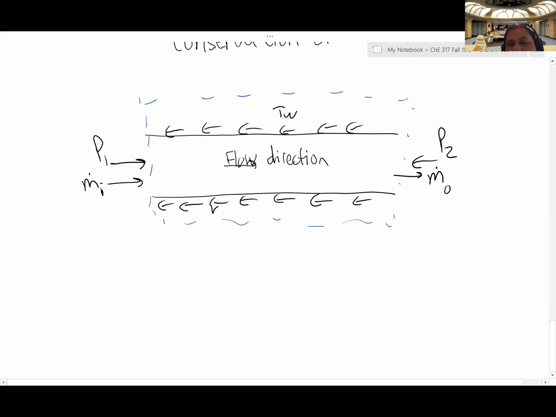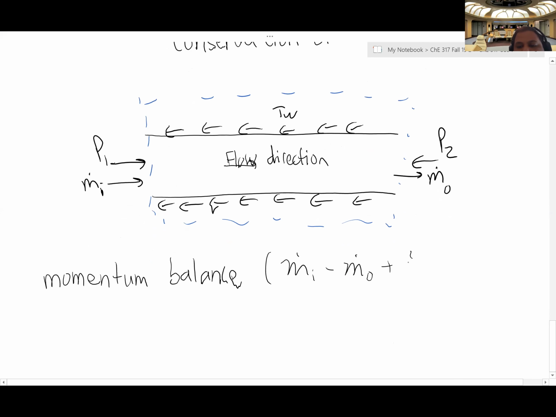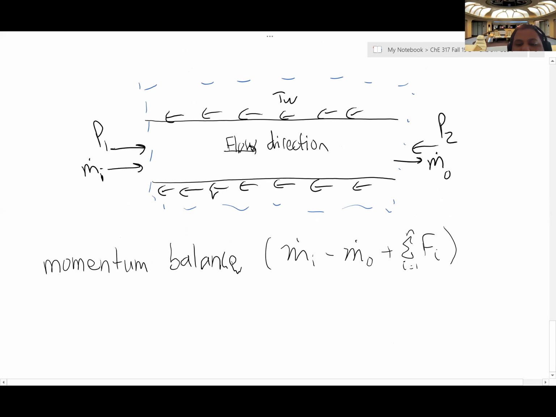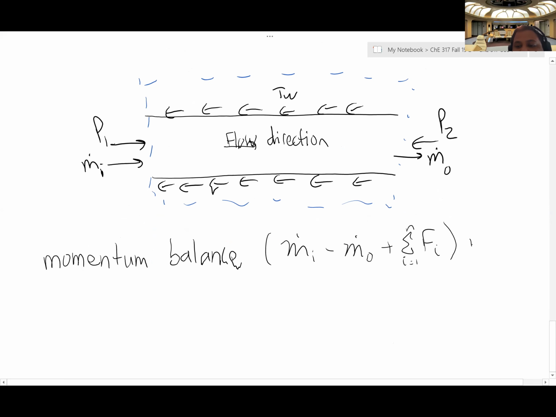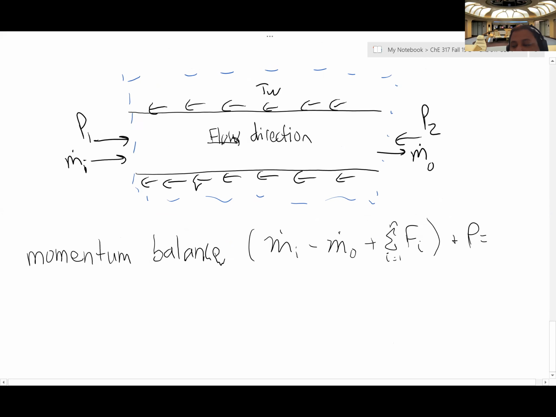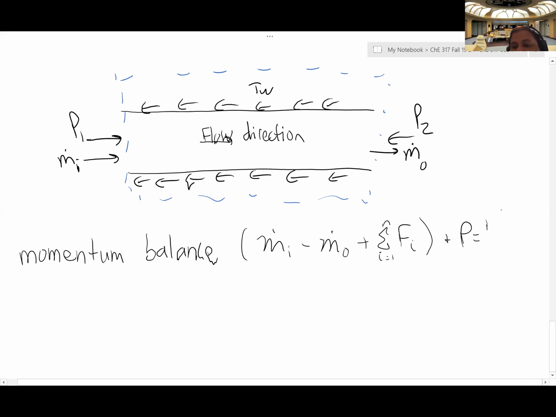So with that in mind, if I was going to create a momentum balance, which once again, I'm looking at momentum in, momentum out, plus any forces. And also keeping in mind that pressure is essentially a force applied over an area.